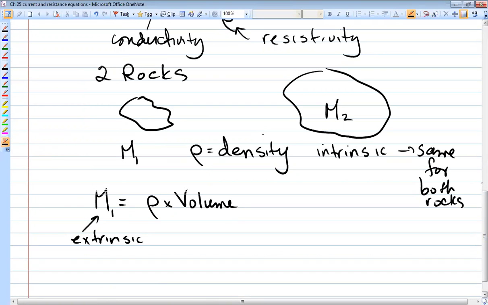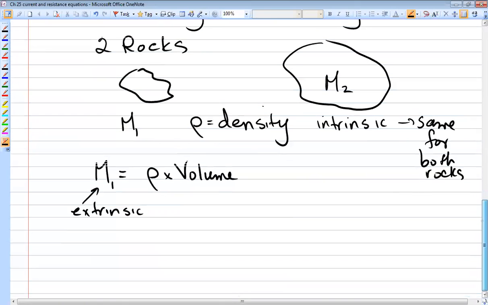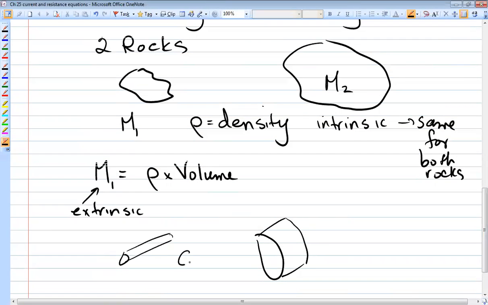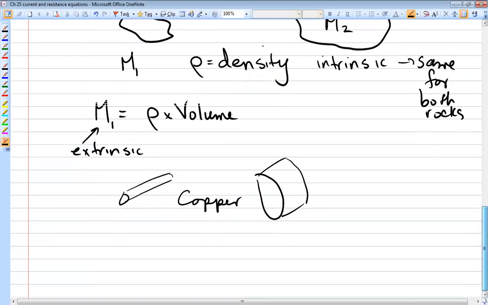Okay, so this is exactly like resistance and resistivity. If we have two pieces of copper wire, a long skinny piece or a fat short piece, they're both made out of copper. The intrinsic property that they have in common is their resistivity.